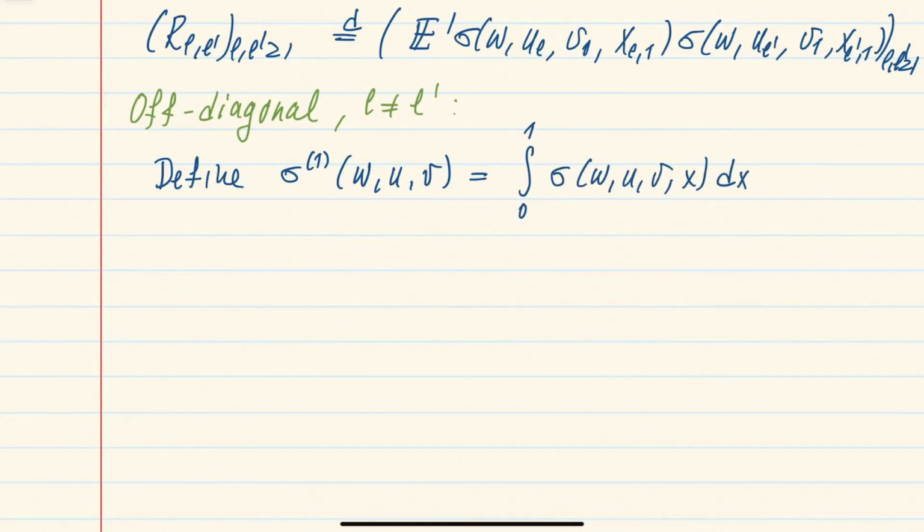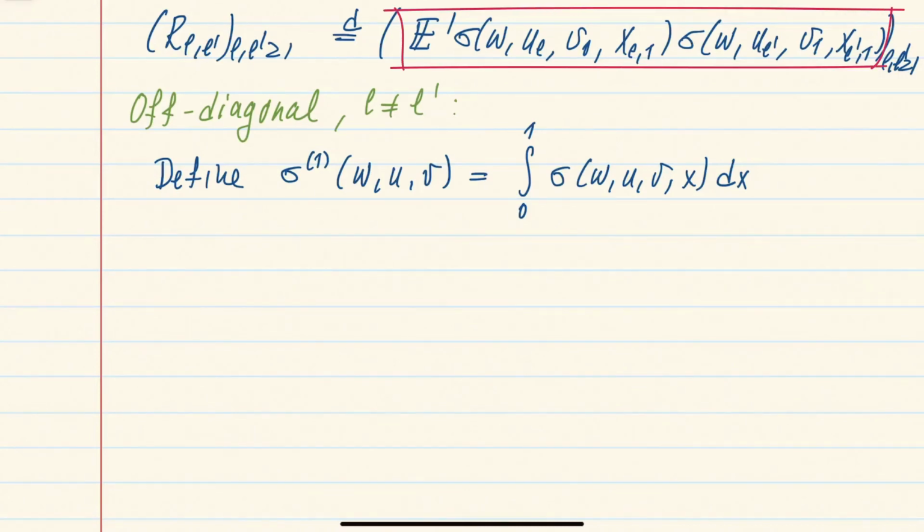And here I'm writing this average more explicitly because the distribution of x was assumed to be uniform on 0, 1. Then we can see that the right-hand side above with this index LL', first when you average in x, you will get exactly this function here, and so what will be left is the expectation in V1.